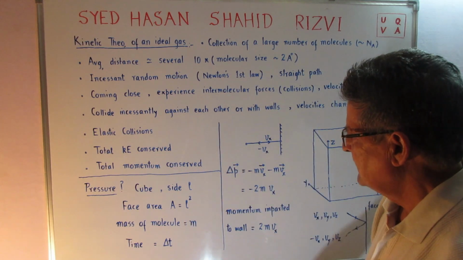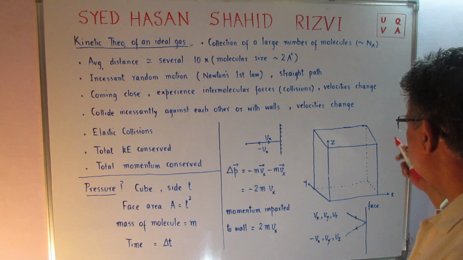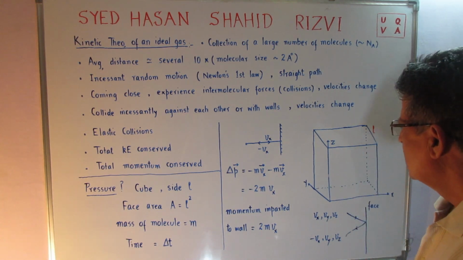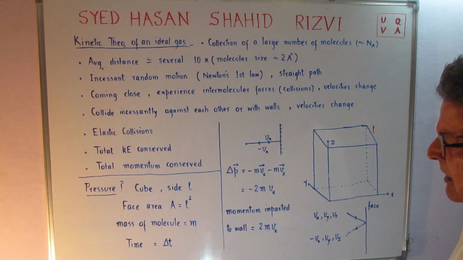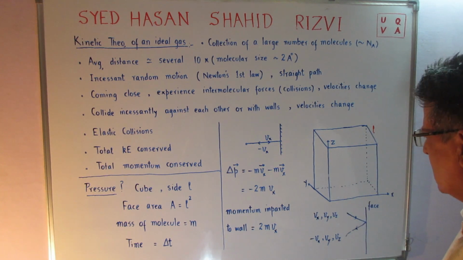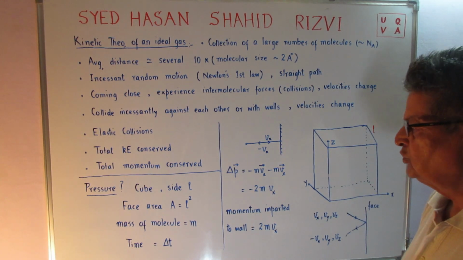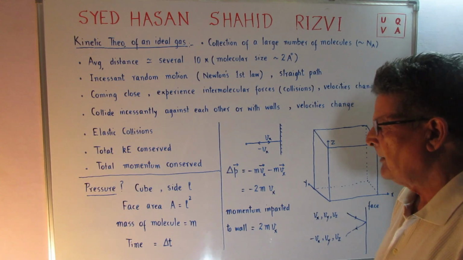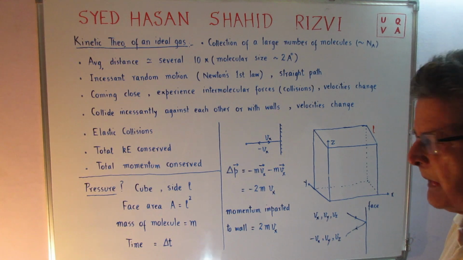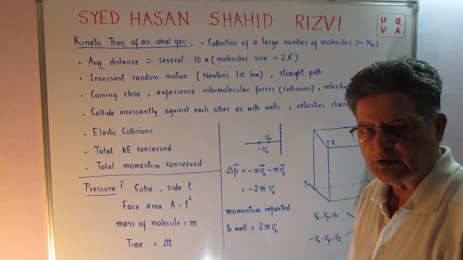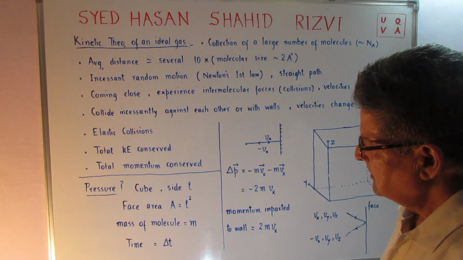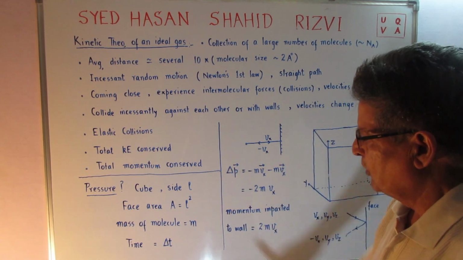So with that, we consider a cube of side L. It's not necessary to take a cube, but it's a convenience to us to choose a cube of side L. Of course, a cube has 6 faces, three pairs of faces parallel to each other, and the face area is equal to L squared.